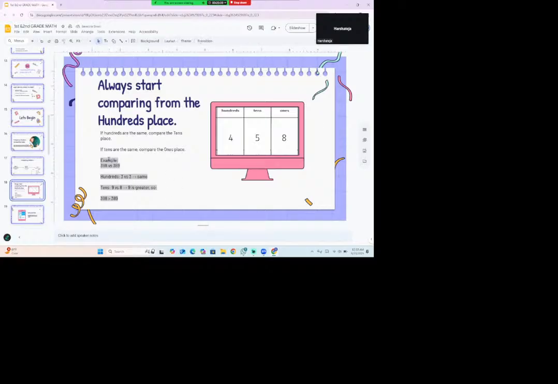And we have another example down here, 398 versus 389. They're both hundreds, so we compare the 3 and 3, they're both the same. Compare the 8 and 8, they're both the same. And now we compare the 8 and the 9.